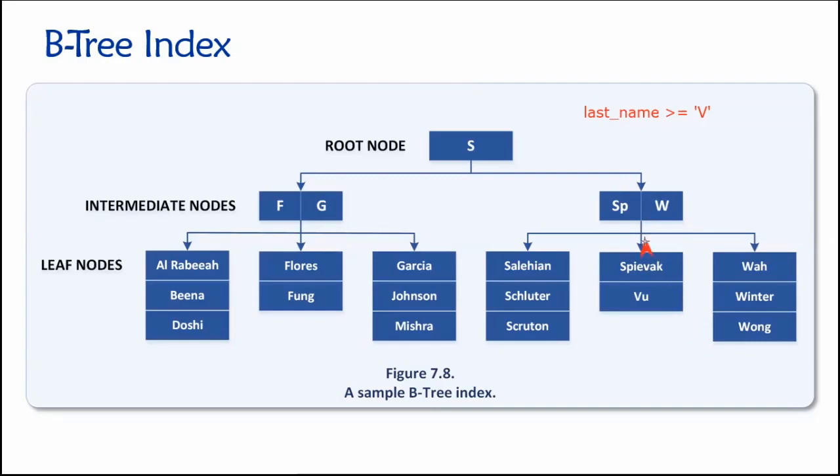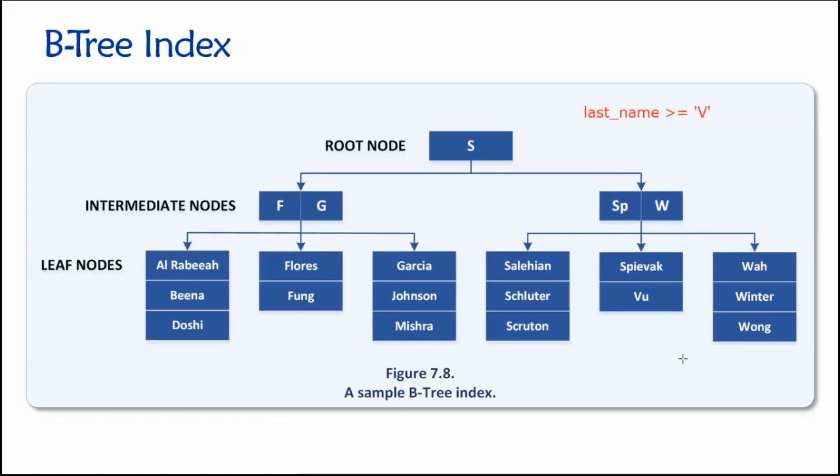But then I would have to go back up and follow this other path over here, and continue looking for answers here, here, and here. So I've got to do this back tracing up to the intermediate level and then go back down to the leaf level with this sort of design if I'm looking for something like this.